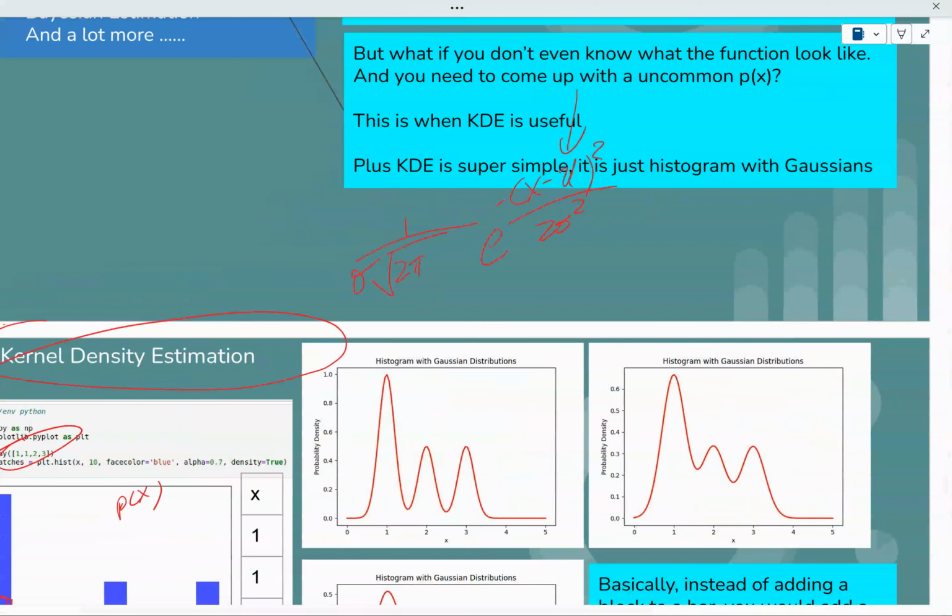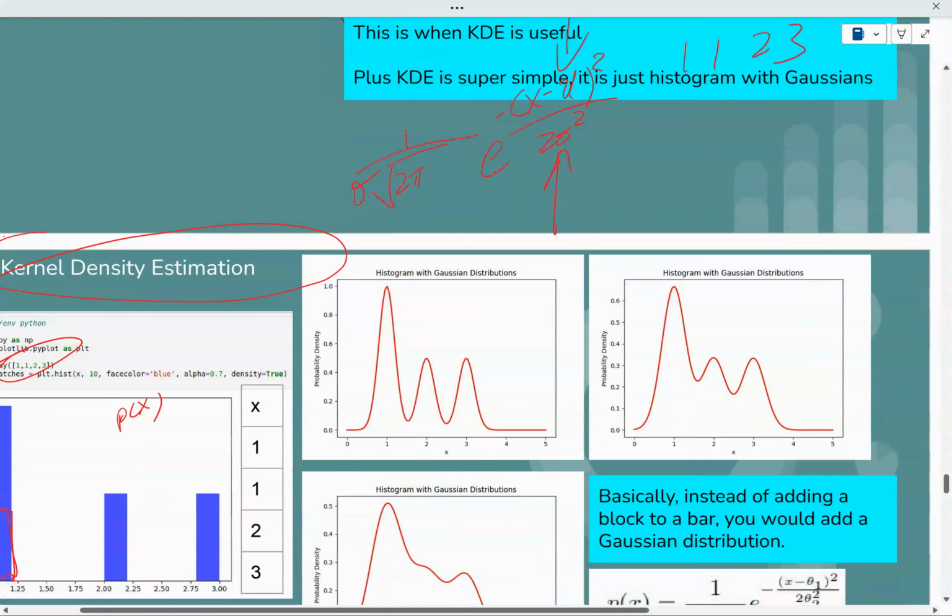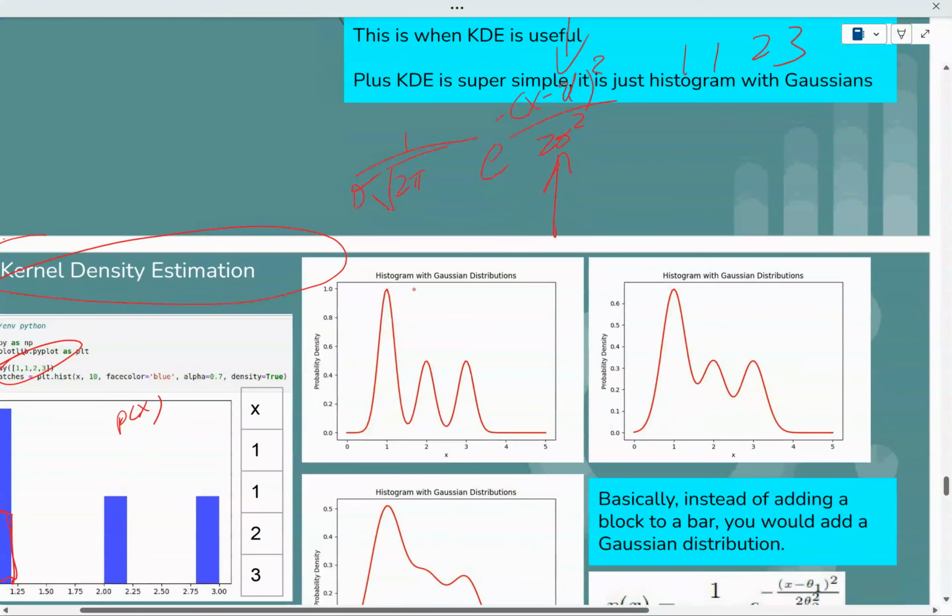So for 1, 1, 2, 3, you put the first Gaussian's mu at 1, the second at 1, the third at 2, and the last at 3. That's how you set the mean for each sample's Gaussian. You can also set the standard deviation yourself, which controls how sharp it is. The smaller the standard deviation, the sharper it is.